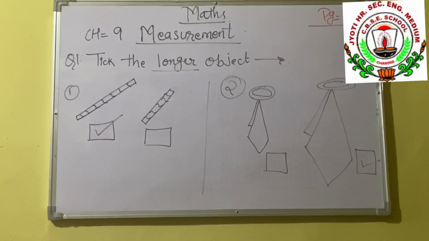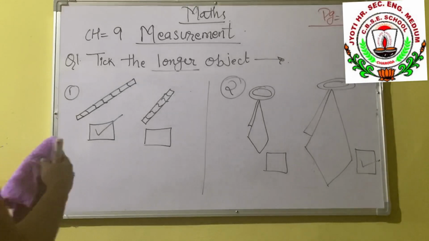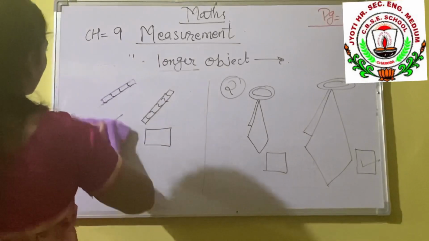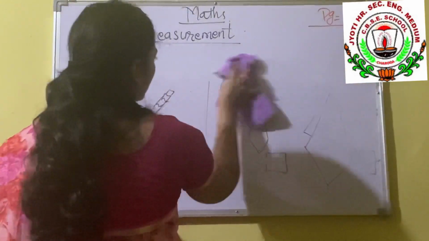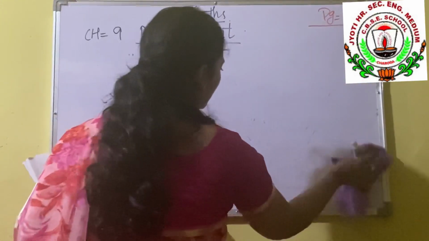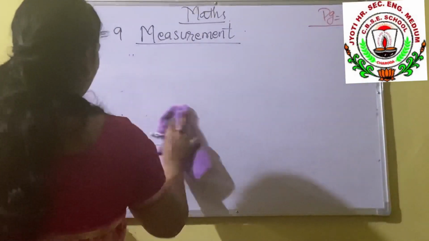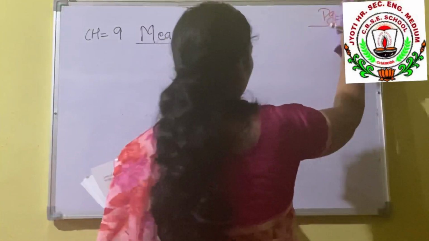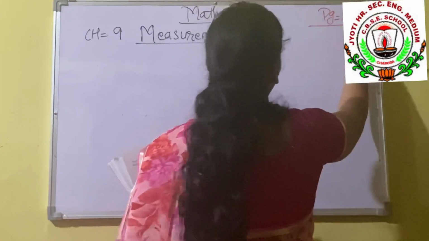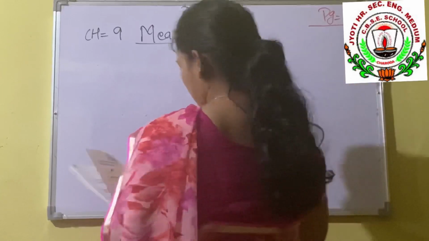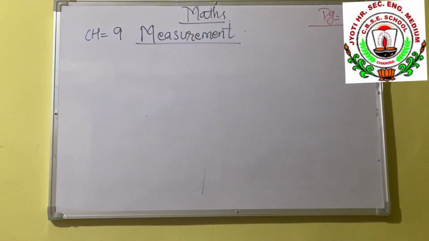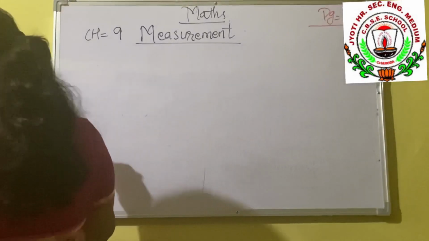Now take out page number 118. In same process you have to take, I will take question number 2, take the longest candle.